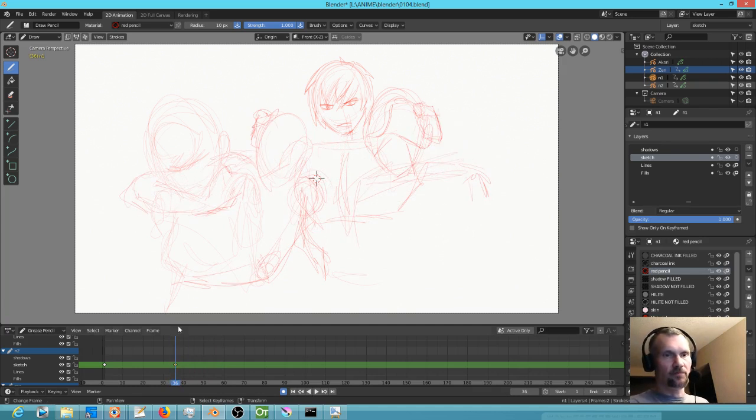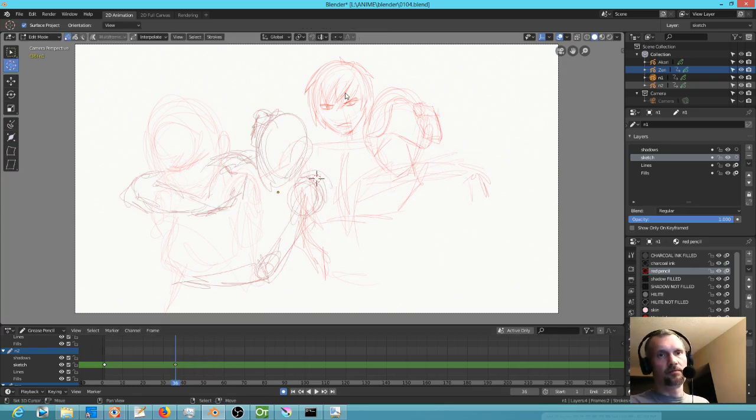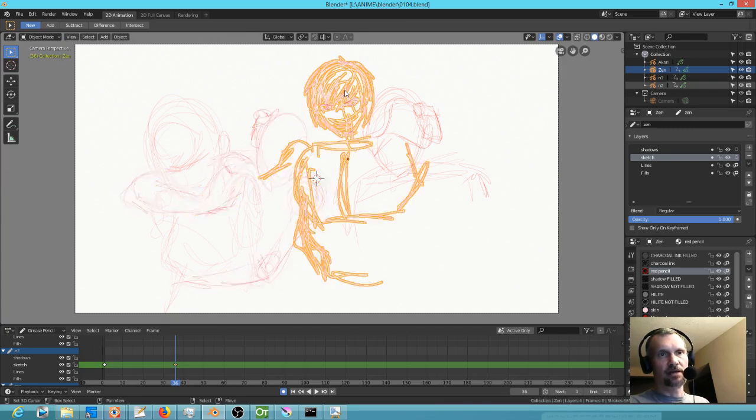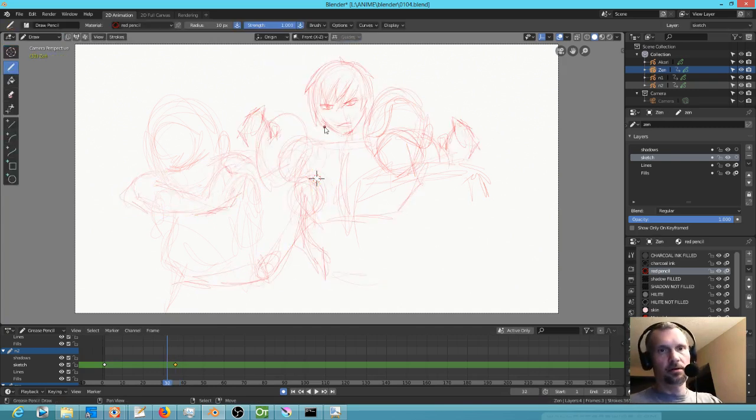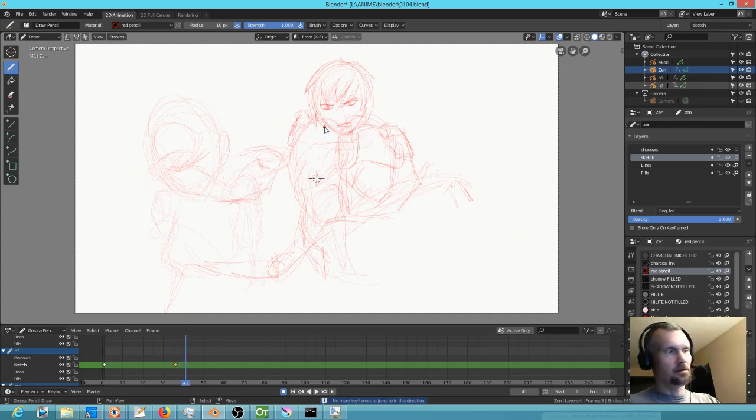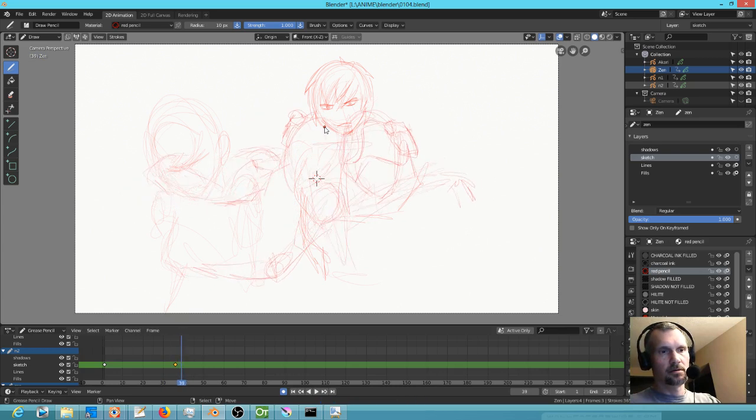And then what I probably would want to do is go back into object mode, and when we get to here, we probably want to see his arms sort of flaring out.